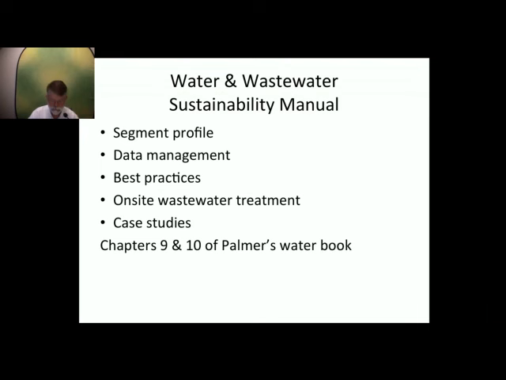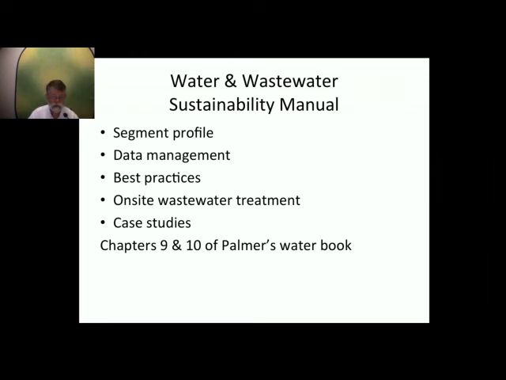Then the manual talks about best practices. There's guidance on best practices to reduce water usage and wastewater generation with a focus on opportunities in the brewing process, including packaging, warehousing, utilities, food services, and events. Then there's on-site wastewater treatment, and some of this is covered in John Palmer's Comprehensive Guide for Brewers.